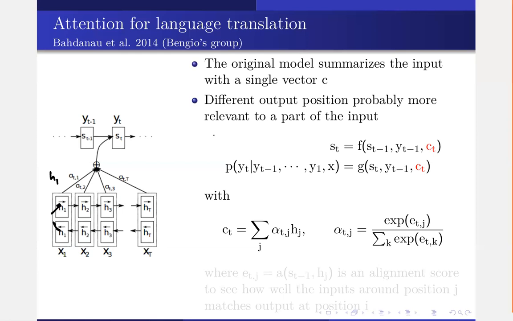Now when I do the translation at the decoder side, I have another RNN model. I start with a start character, and for the model here, I will update the state, and the state will be updated by the previous word.